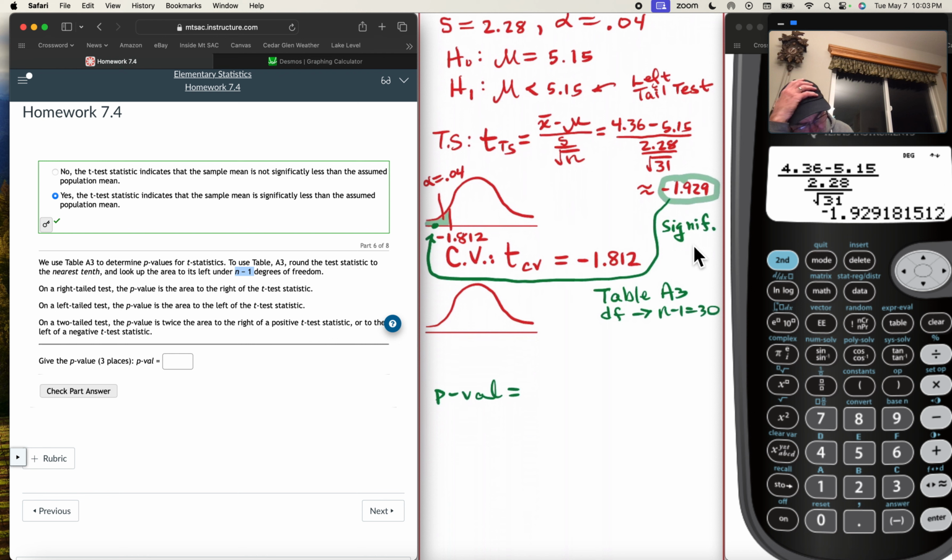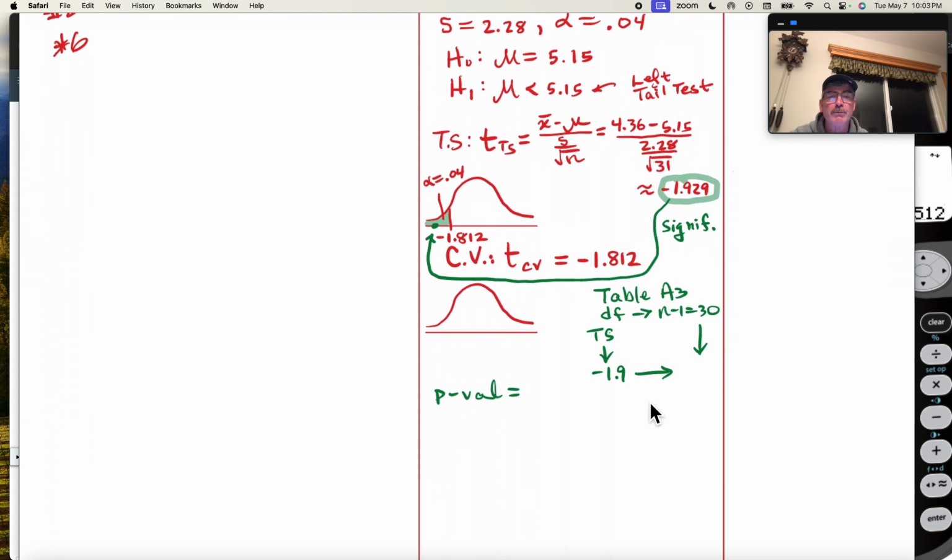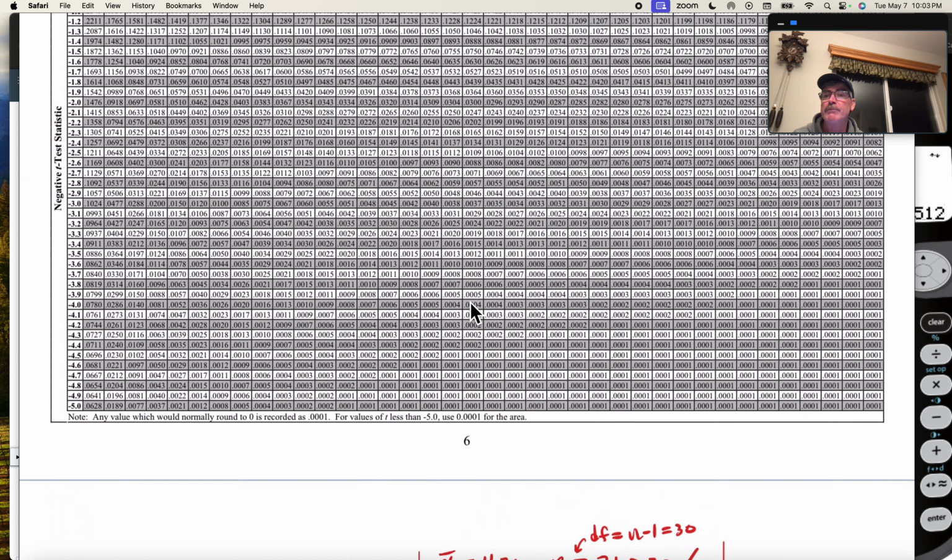Okay, and then the t-test statistic, you want to go down to negative 1.9. We round that to the nearest tenth, because the table only goes to the nearest tenth. The top row is used for degrees of freedom, so it sort of limits things a little bit. So again, negative 1.9 and 30 degrees of freedom on this horrible, horrible table, which is right here.